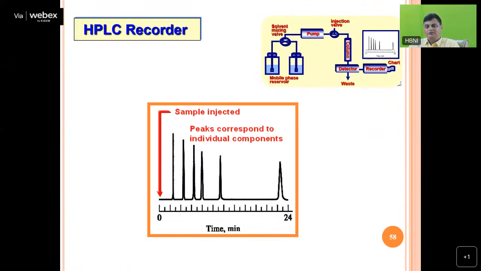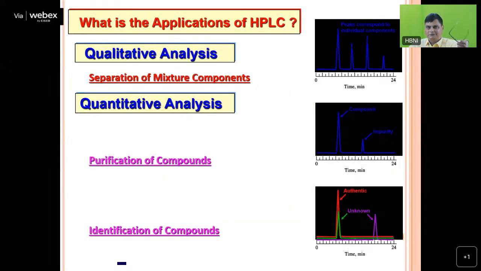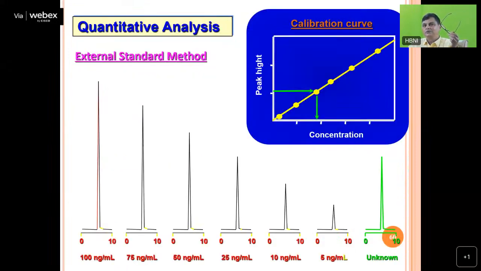And similarly here also you need a calibration curve. We can do qualitative analysis as well as quantitative analysis using the HPLC. Here again you have to prepare a calibration curve by using an external standard.